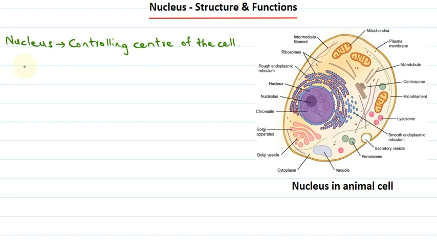Okay. So this nucleus was first discovered by the scientist Robert Brown. Okay, so Robert Brown was the scientist who discovered the nucleus in plant cells.